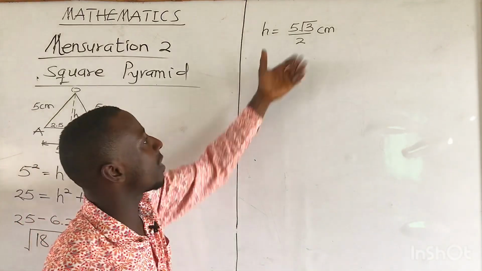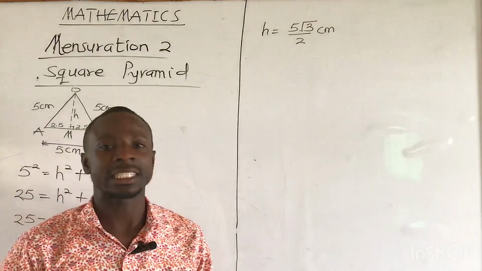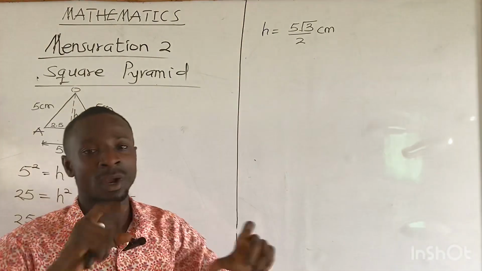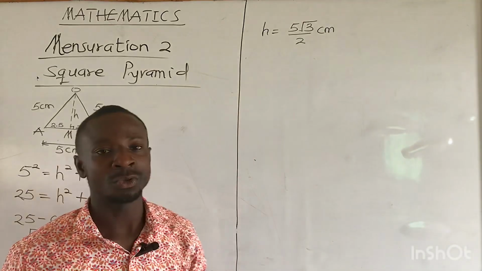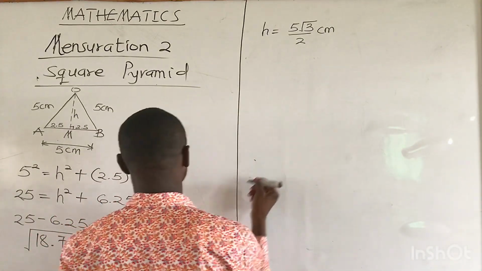Since we have the height of the triangle, it will help us to get the height of the pyramid. So now I am going to resketch the square pyramid again so that we can look at where we can put the 5 root 3 over 2. So let me put the sketch here.